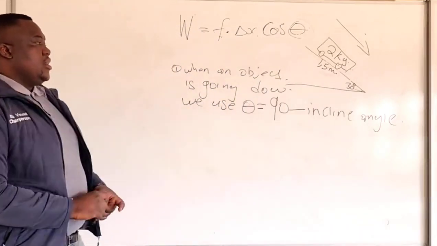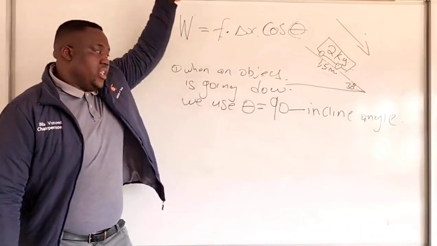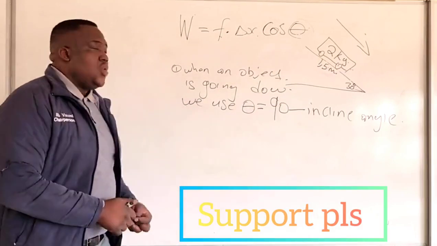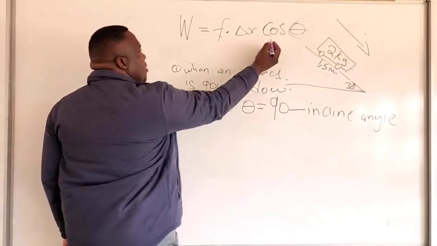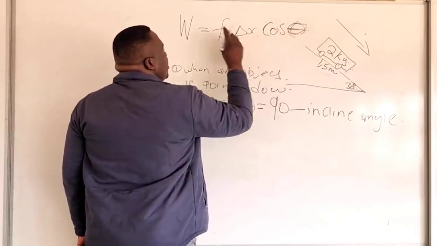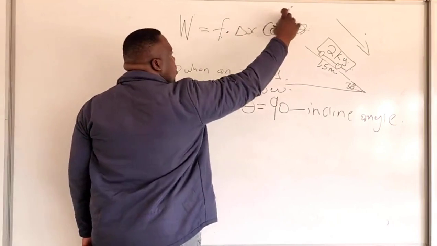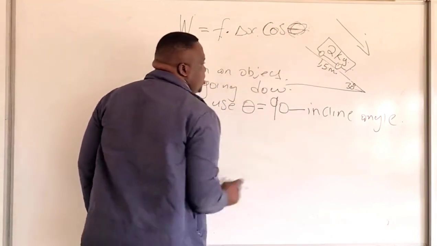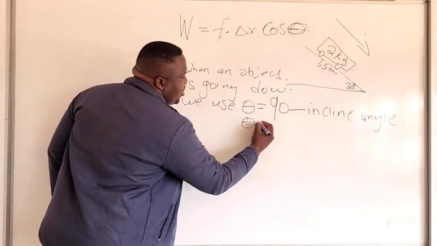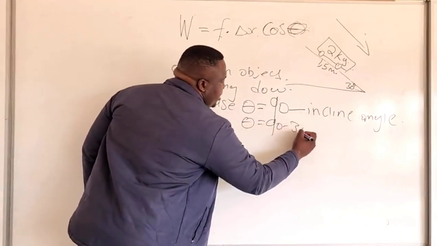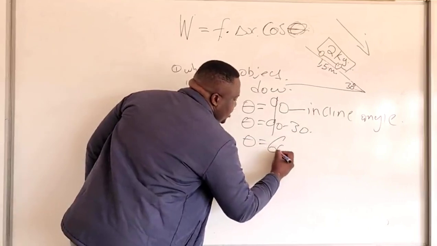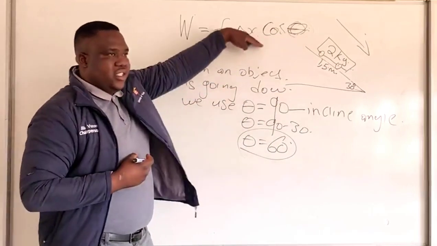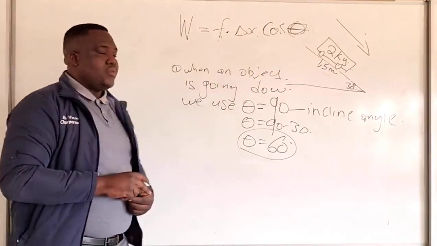Which theta am I talking about? This theta. Since this is force displacement, cos theta, we use 90 minus incline. Meaning, since this object is going down, we're going to have our theta as 90 minus 30. Theta is equal to 60. So we're going to use 60, and we use the formula as it is. We do not change anything.